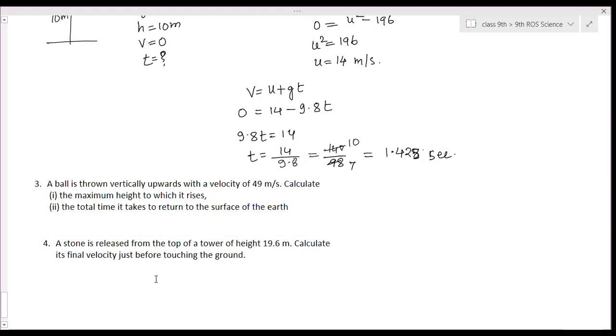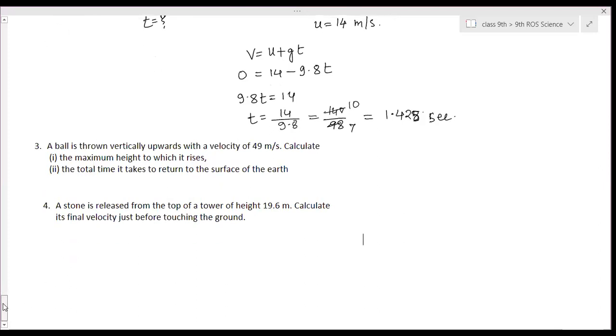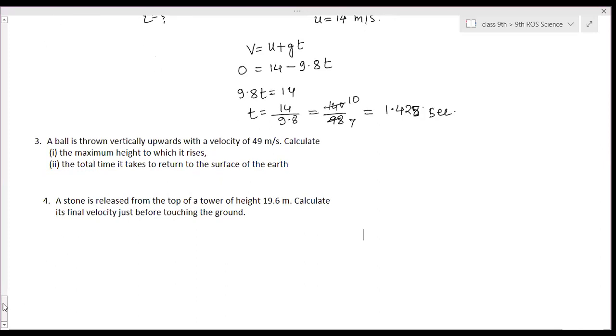A stone is released from the top of a tower of height 19.6 meter. Calculate the final velocity just before touching the ground. So h is given here. It falls from the height, so therefore U is 0. G is moving downwards, so it is plus 9.8 meter per second square.